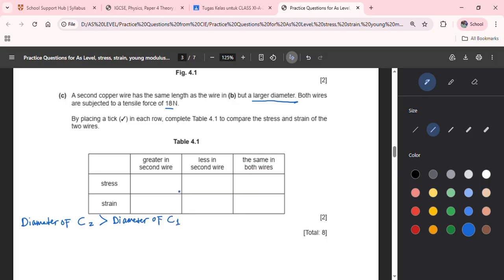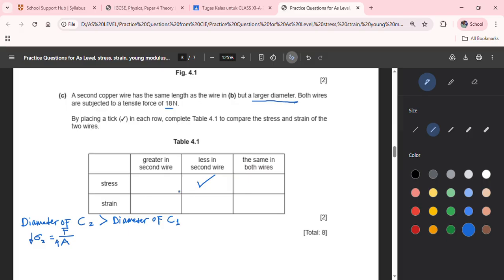That means that the stress is equal to force divided by area. So if the area is increased, the stress will be decreased because this is inversely proportional. So this must be less. So the stress is less.